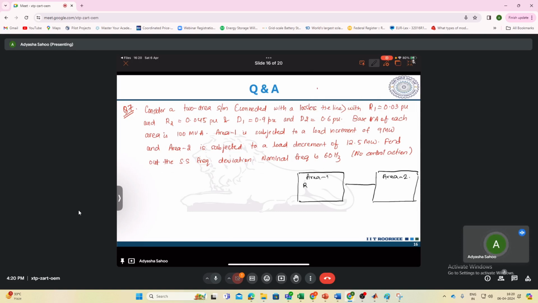So here R1 is 0.3, here R2 is 0.45, D1 is 0.9, D2 is 0.6, and area 1 has an increment of load 9 megawatt and delta PD2 is a decrement of minus 12.5 megawatt.